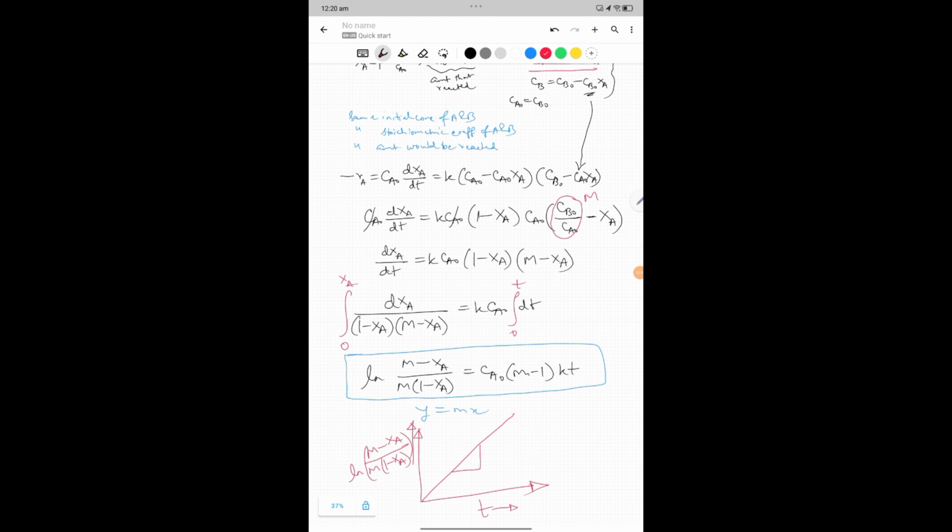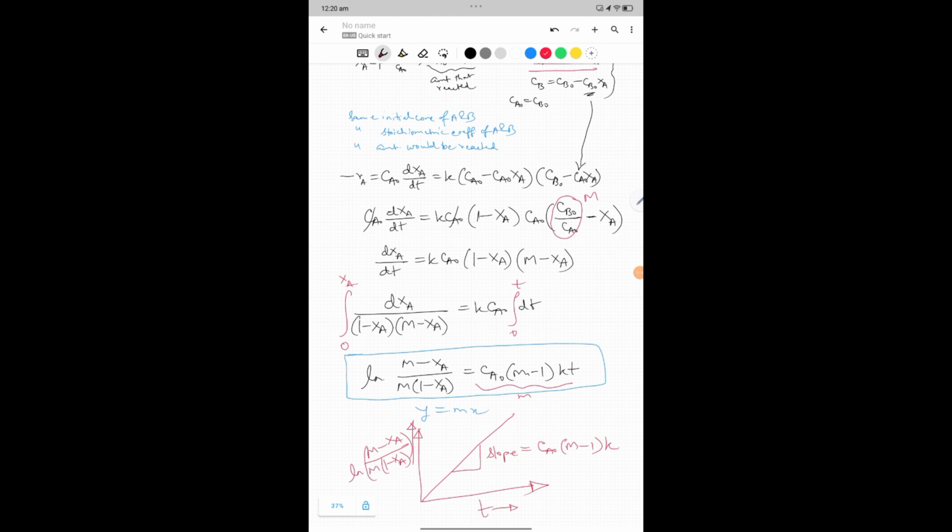The slope will be CA0 (m minus 1) into k.